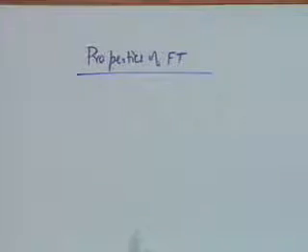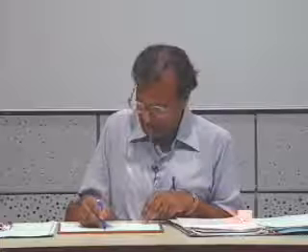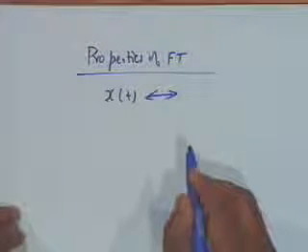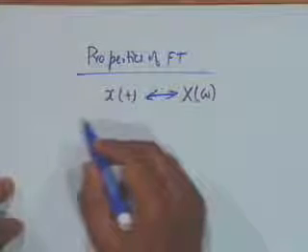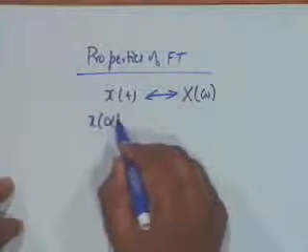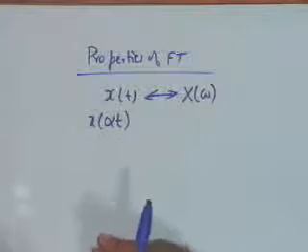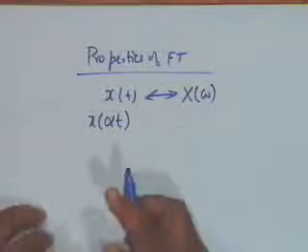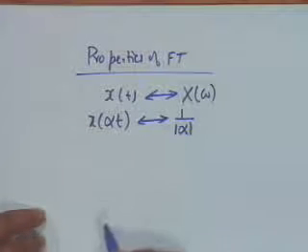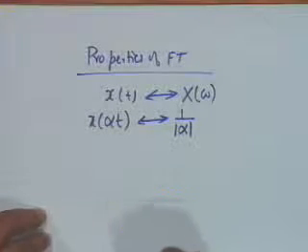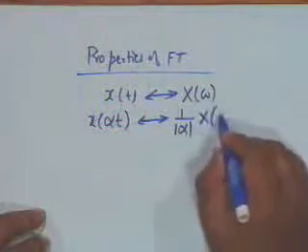On the last occasion, that is the 14th lecture, we had left at this point: if x of t is the pair of capital X of omega, then x of alpha t, where alpha is a real constant, positive or negative, the pair is 1 over mod alpha, capital X of omega by alpha.